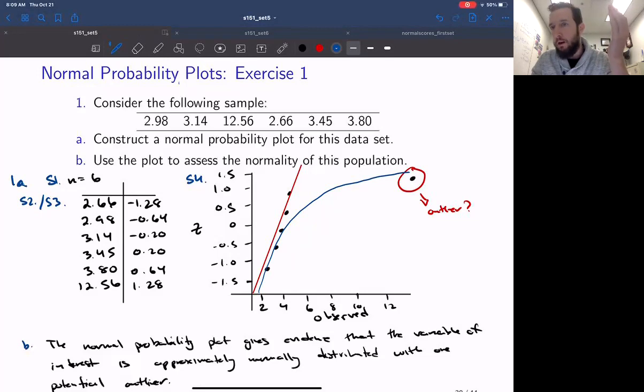If you don't think the plot is linear, as long as you reasonably describe why you think that this is the case, you can still get full marks on an assignment or on a test. The key, though, is using the plot correctly and giving strong evidence in either direction, so giving strong evidence of what you think the plot is communicating.